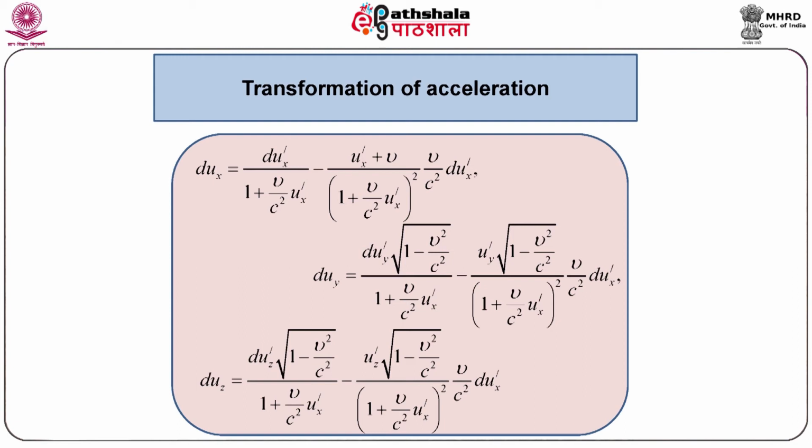Taking the differential, we get d u suffix x is equal to d u dash suffix x divided by 1 plus v divided by c square into u dash suffix x, minus u dash suffix x plus v divided by 1 plus v divided by c square into u dash suffix x, its whole square, into v divided by c square into d u dash suffix x. Here we used the rule of differentiation of numerator and denominator.